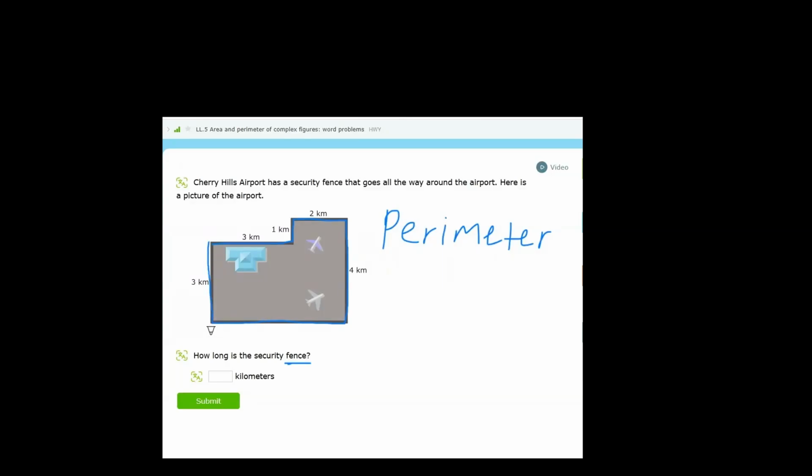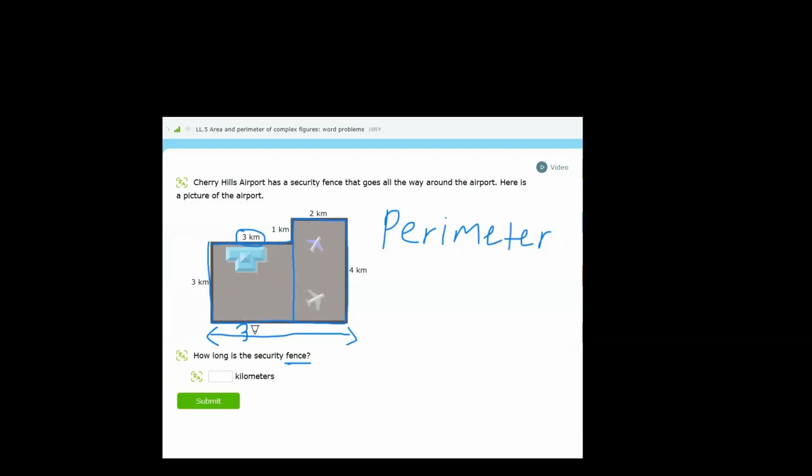And it looks like we're only missing this length at the bottom here. So how can we find that length? Well, let's imagine splitting this shape up into two shapes. Okay, so this first shape here, we have 3 kilometers here, right? Fun fact, this is a 3 by 3, so this is a square really.